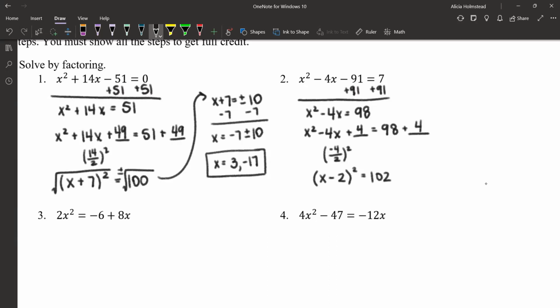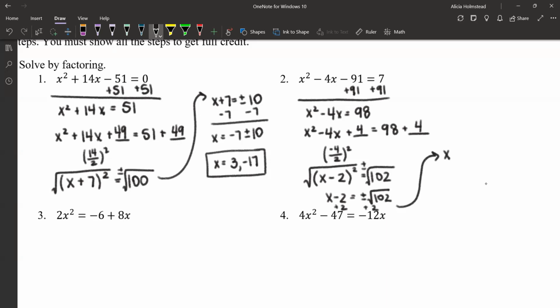Now our final step is just go ahead and solve. So we can take the square root of both sides. Don't forget the plus or minus. So we get x minus 2 equals positive and negative square root of 102. We can add 2 to both sides.